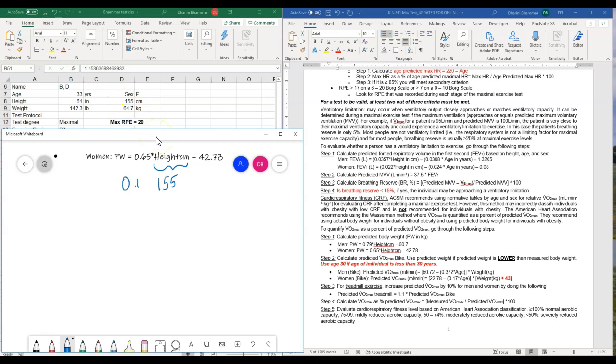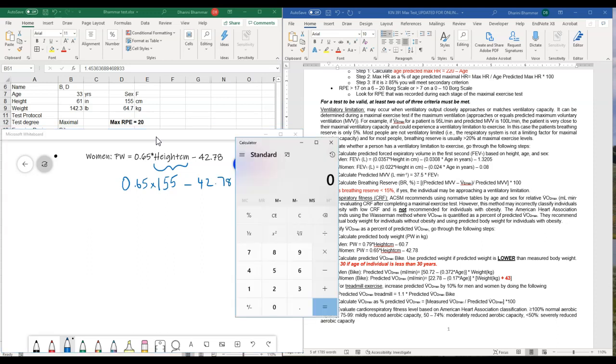So it'll be 0.65 multiplied by 155 minus 42.78. So 0.65 times 155 minus 42.78 is 57.97.